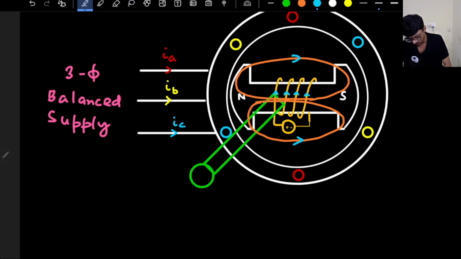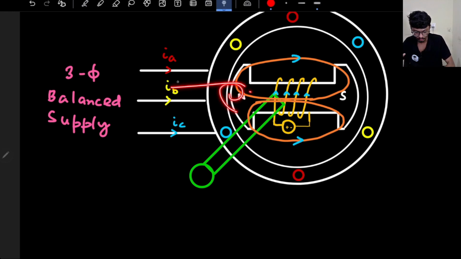So basically this will be the north pole because the field is outward, and this will be the south pole because field lines are coming inwards.